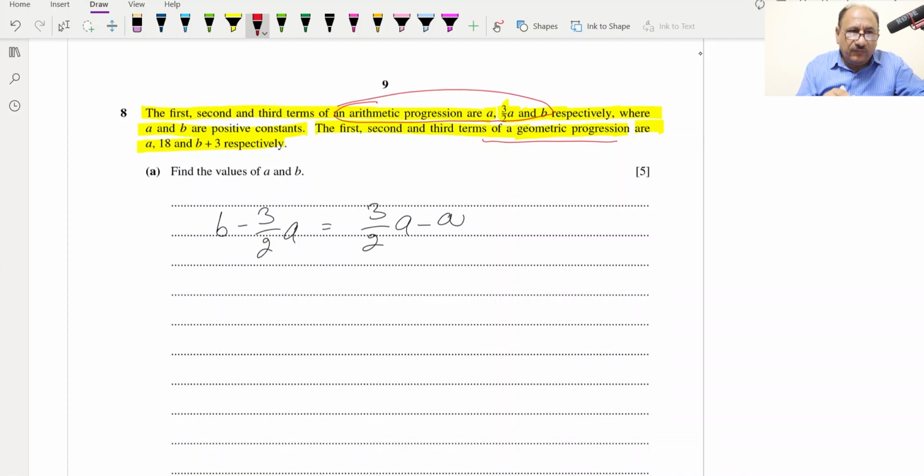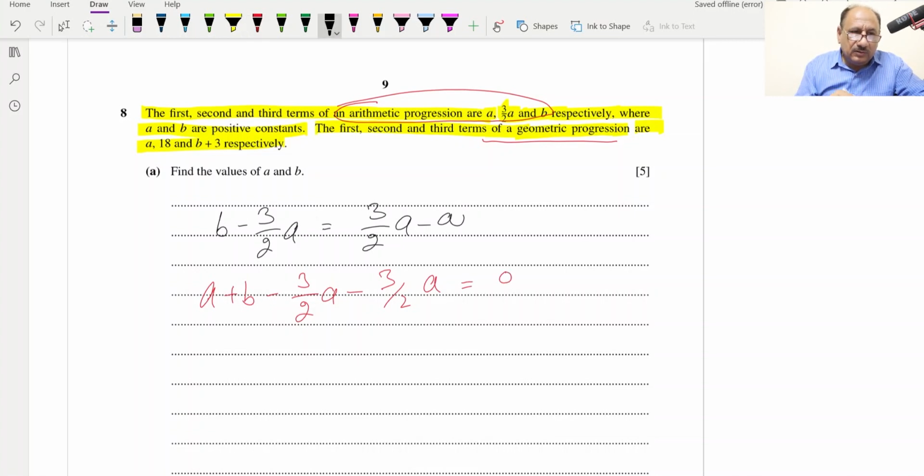Before writing that, we will form an equation from the one we have already written for the arithmetic progression. We can shift everything to the other side, and we will get a plus b minus 3 by 2a minus 3 by 2a is equal to 0.